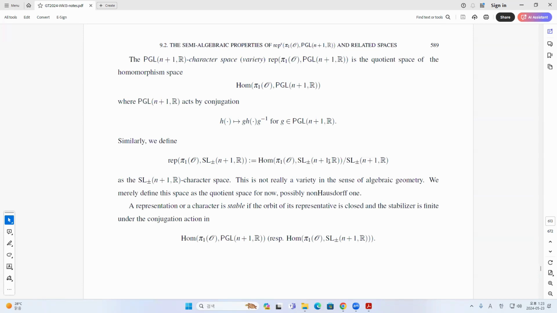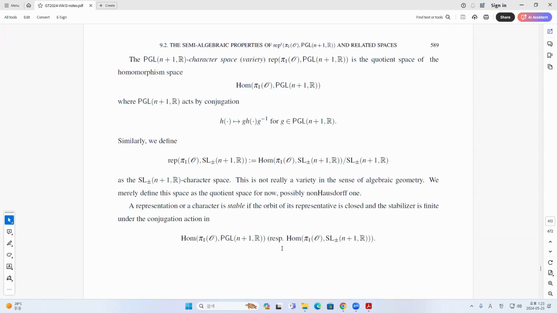Also, you can do it for SL(n+1,R), and this is not a variety in the sense of algebraic geometry. The representation is stable if the orbit of its representative is closed and the stabilizer is finite under the conjugation action.